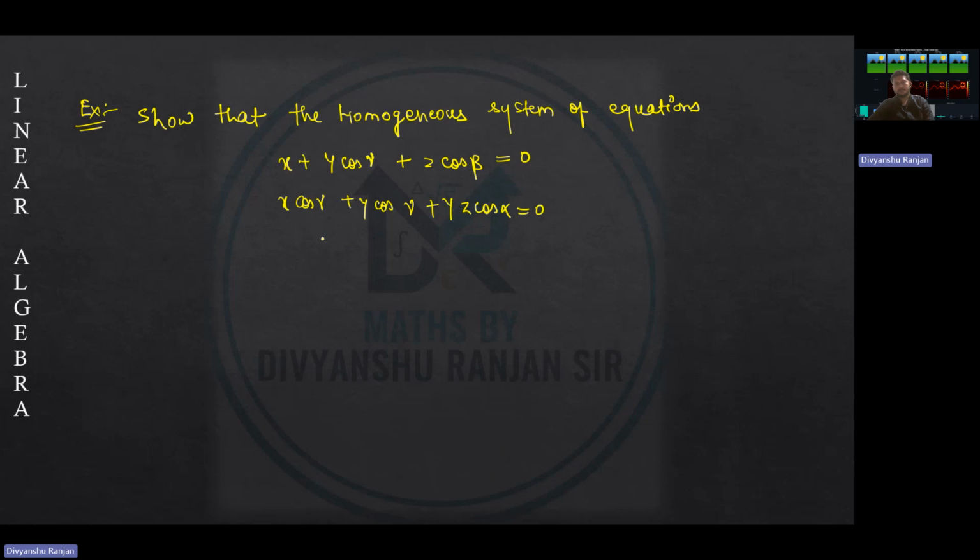And lastly, x cos beta plus y cos alpha plus z equal to 0.